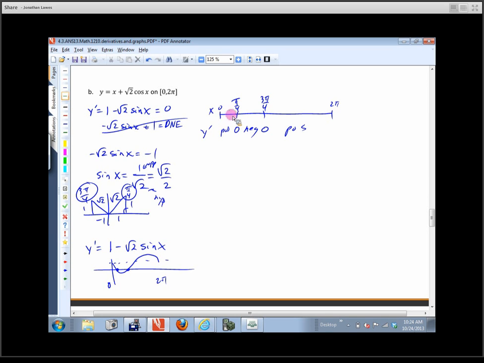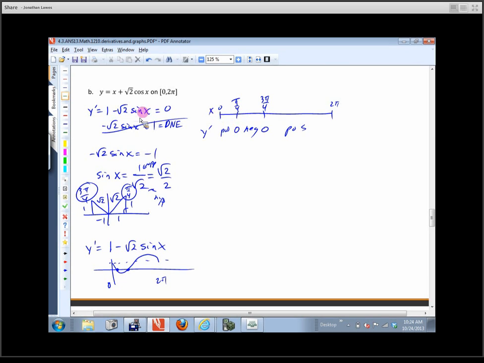Because if you think about this, this is 1 minus something, and sine of 0 is a pretty small number. In fact, that would be a good number to plug in. Isn't 0 on this side of pi fourths?